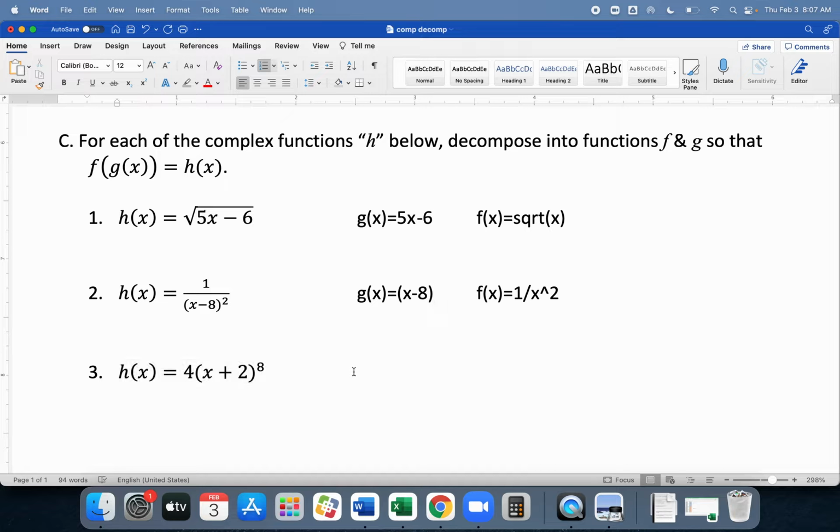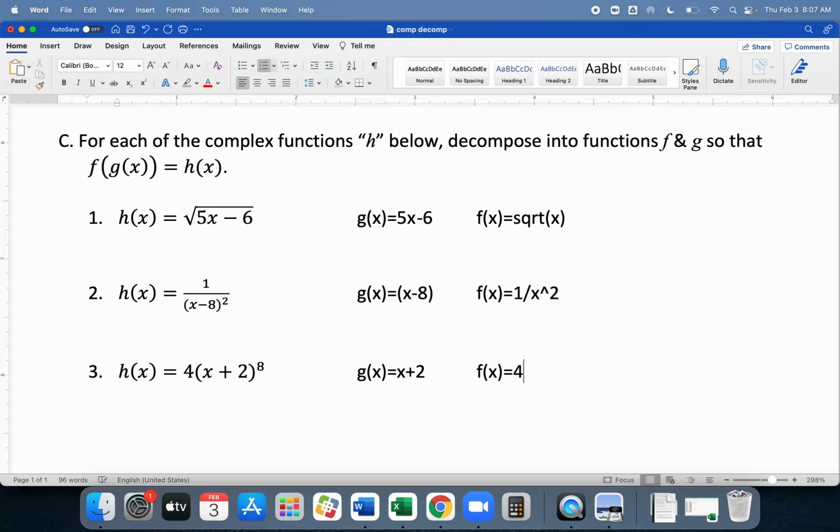What about this last one? h of x equals 4 times x plus 2 to the 8th power. How about an idea for a first piece to this, the g of x? Yeah, x plus 2. Sounds good. So g of x takes x and adds 2 to it. And then I need f to do the rest of everything. So what does f have to do with that output? 4x to the 8th power.